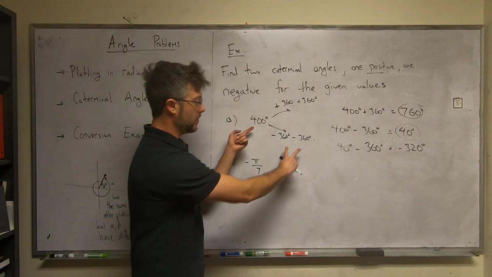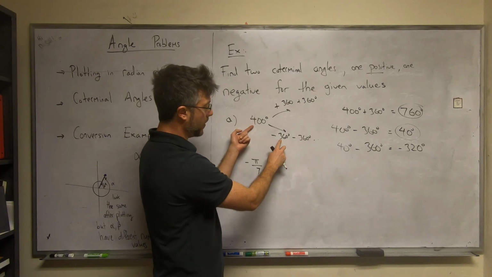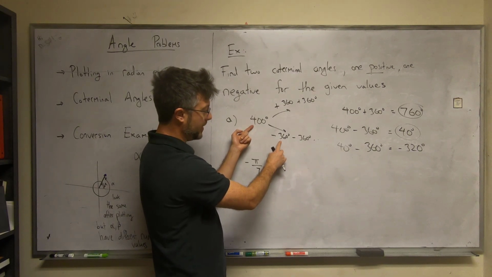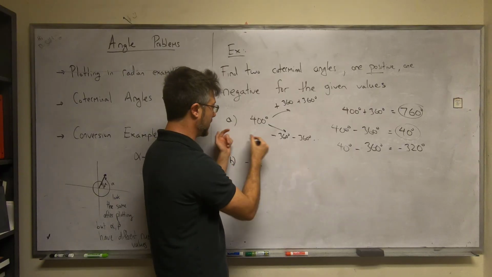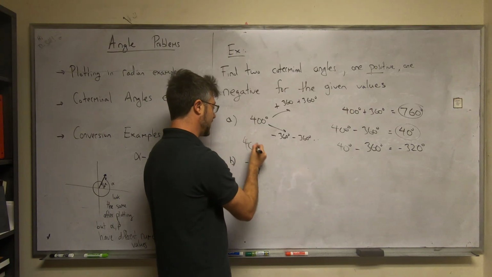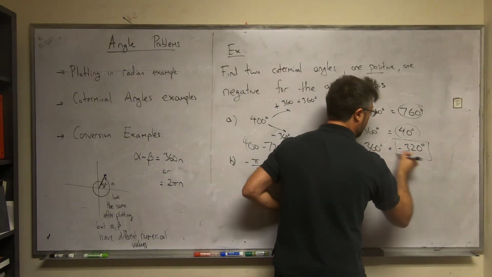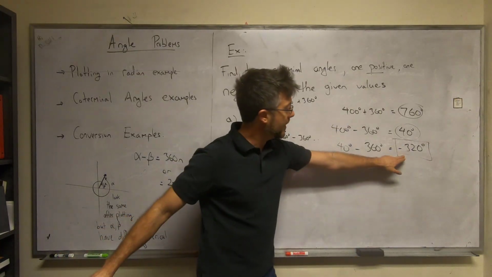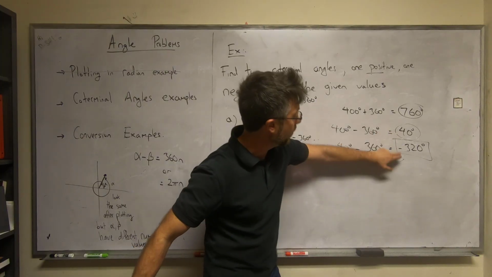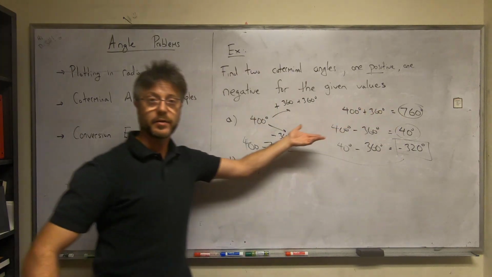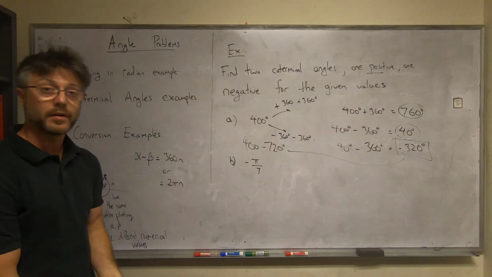And by the way, if you just saw at the start that one copy of removing 360 did not produce a negative, and you just happened to see that this would result in our answer, that's fine as well. So there is a negative and a positive coterminal angle for the first one.